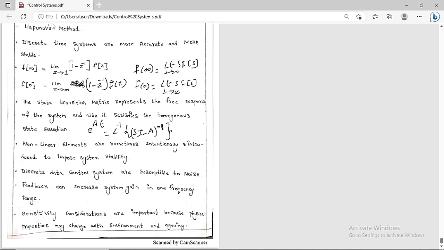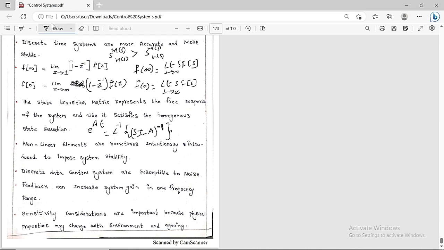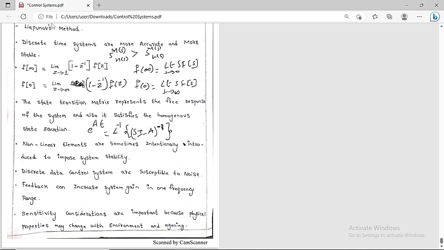So the sensitivity of M of S with respect to H of S is always greater than the sensitivity of M of S with respect to G of S, because if there is a small parameter change in the feedback element, there is a huge variation in the output when compared to a small parameter change in the plant transfer function, which is G of S. So this point you always have to keep in your mind.